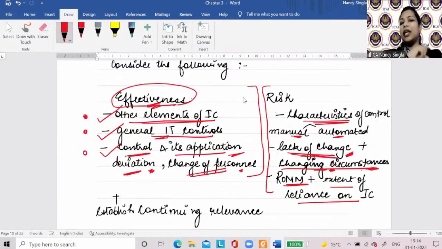You will not rely on the previous year's assessment about the internal control. Okay? And also establish the continuing relevance. For example of what? Manual to automatic. Abhi bhi manual wale control thodi na check karoge.